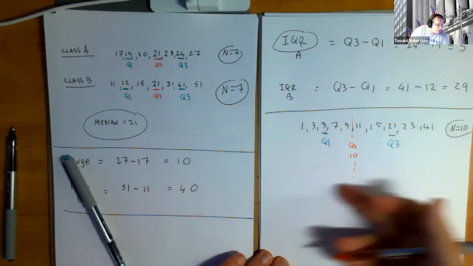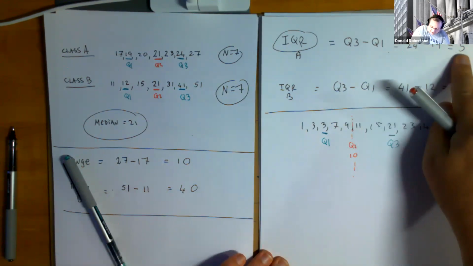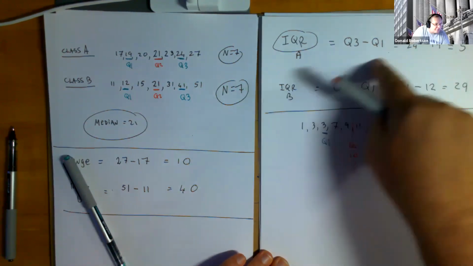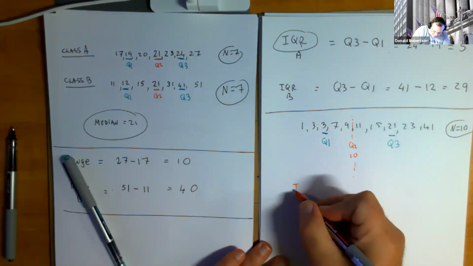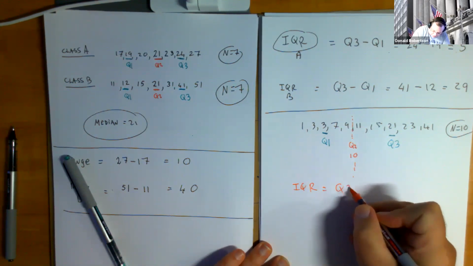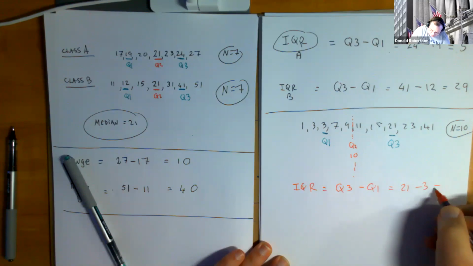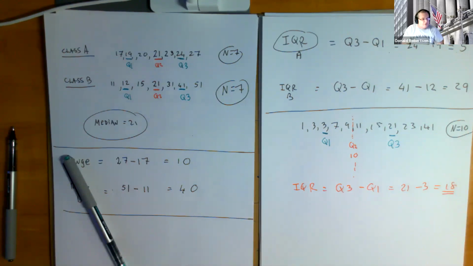This is what your working is going to look like. All you write into the homework is 5 and 29, but you have to do work to get that. The interquartile range here is Q3 take away Q1, which is 21 take away 3. In this case, 18 would be the interquartile range.